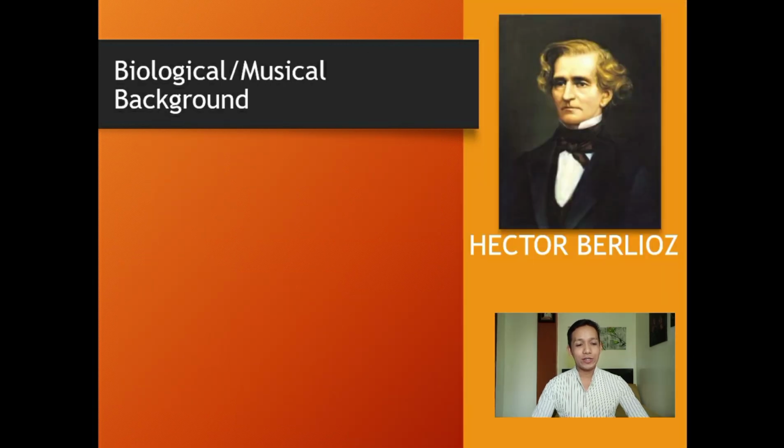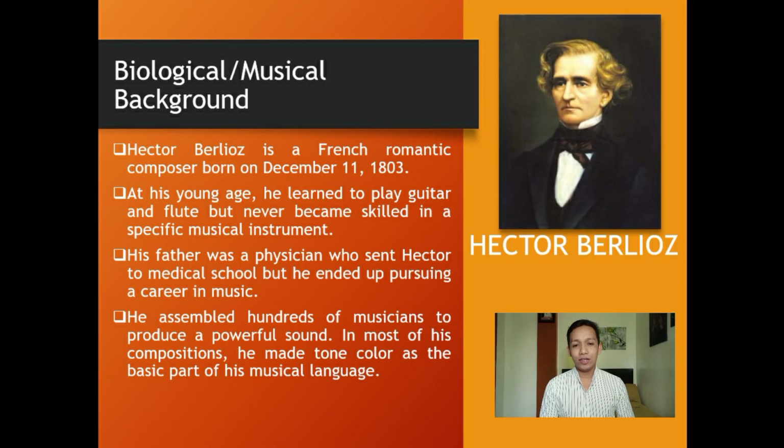And to proceed, let us consider first Hector Berlioz. His biographical and musical background. Hector Berlioz is a French Romantic composer born on December 11, 1803. At a young age, he learned to play guitar and flute but never became skilled in a specific musical instrument.